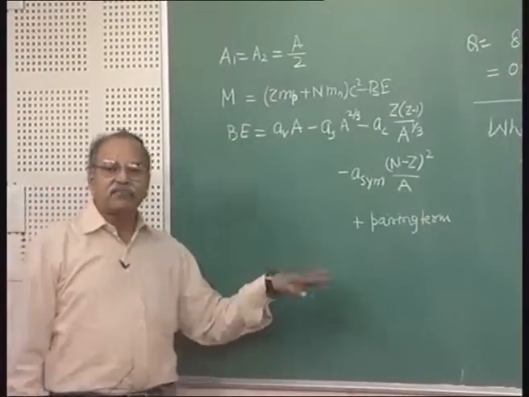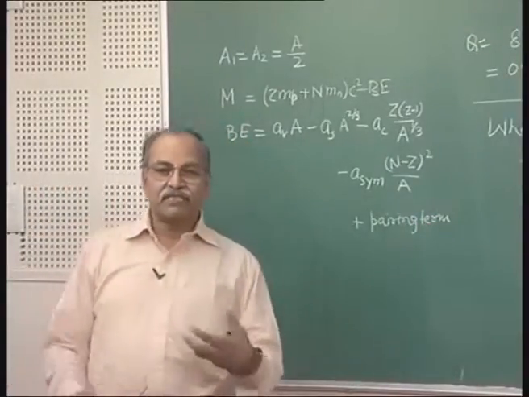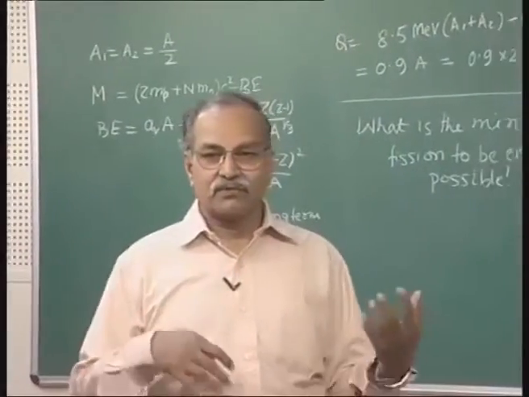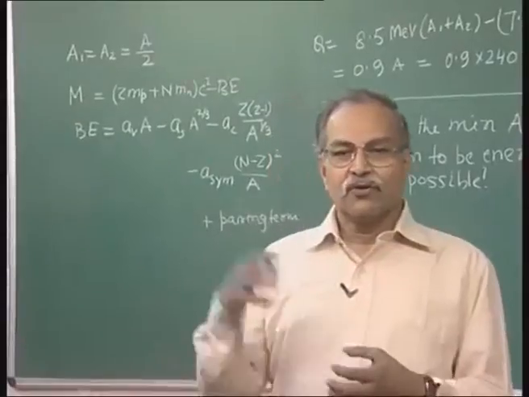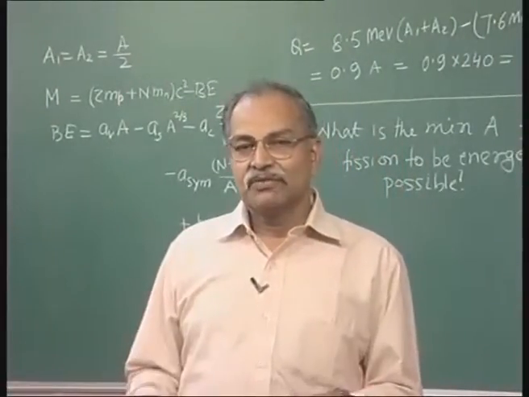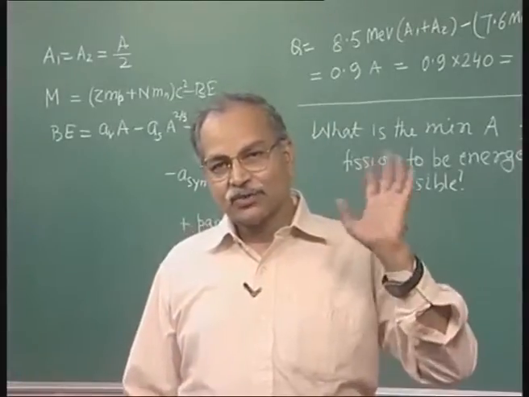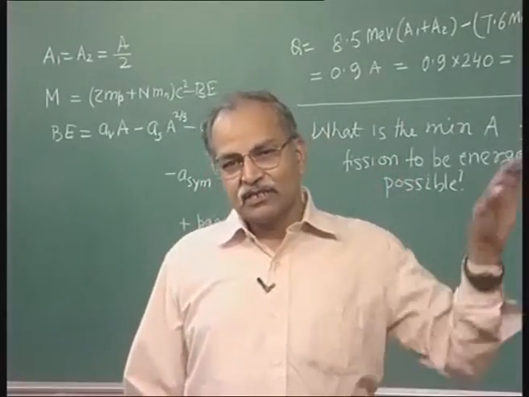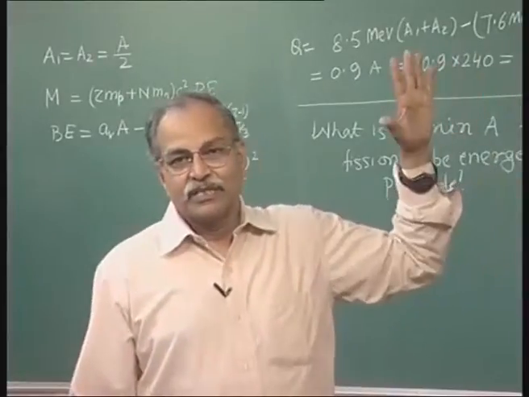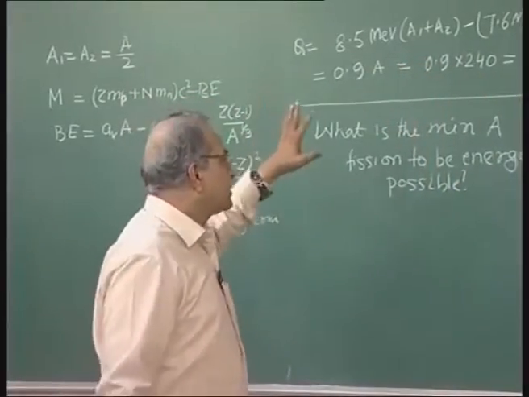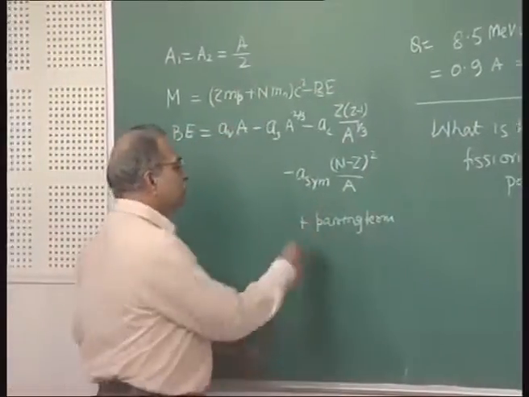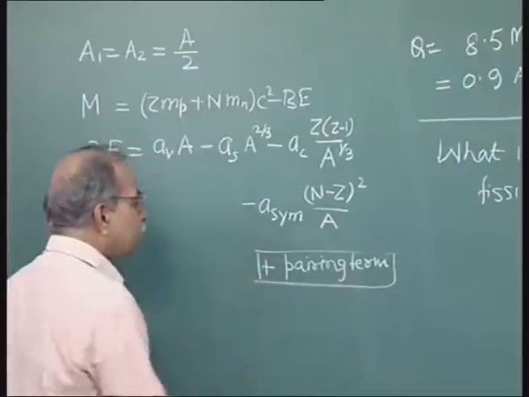Now, the pairing term we will forget. This is when you have an even A nucleus or odd A nucleus, or even-odd, odd-even nucleus, that has its own differences in binding energy, but that we will forget here. We will assume that everything is even, the original nucleus as well as the fission fragments. So, we just neglect this.